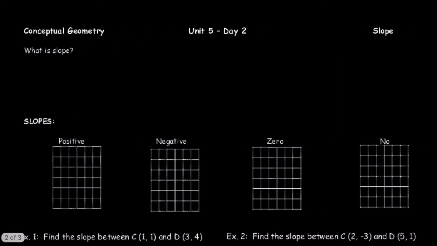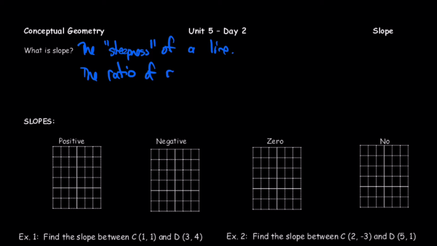What is slope? Slope is the steepness of a line, or the ratio of rise to run. So what are you talking about, the ratio of rise to run?